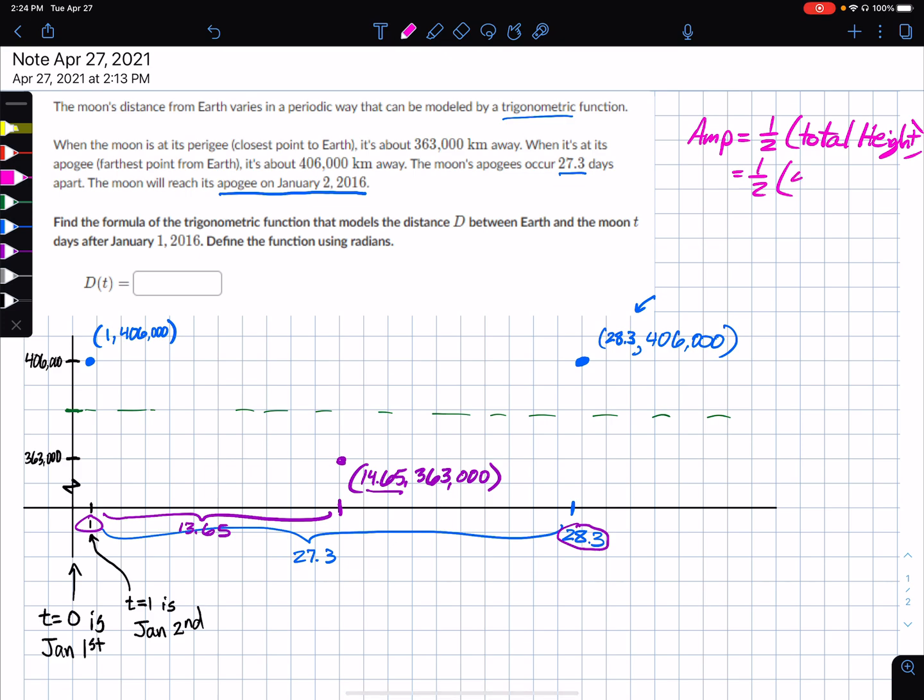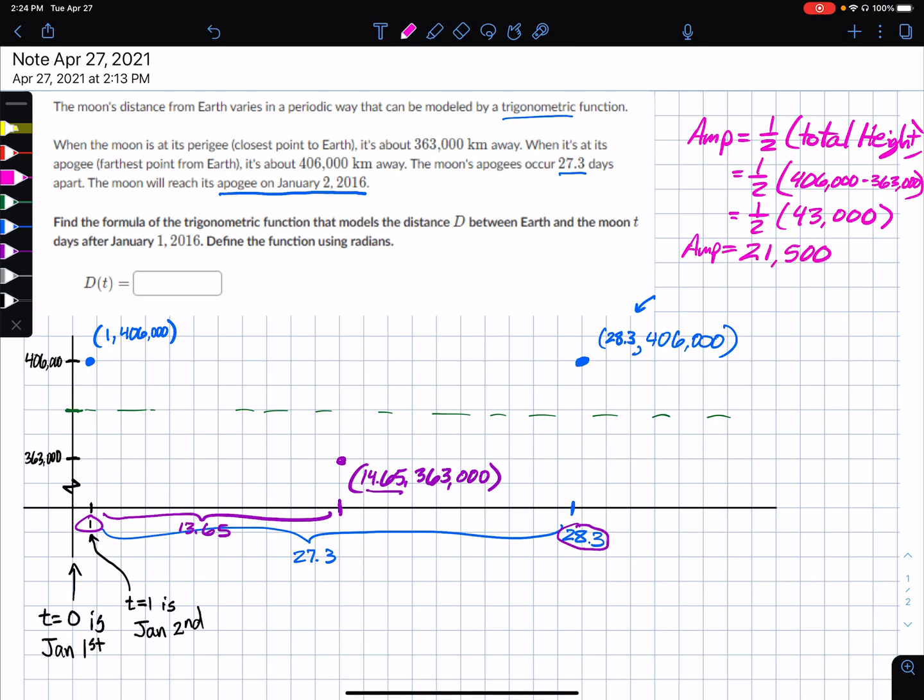So what is the difference between 406,000 and 363,000? Okay, that is 43,000. So whatever half of 43,000 is, in this case 21,500. So our amplitude, 21,500.